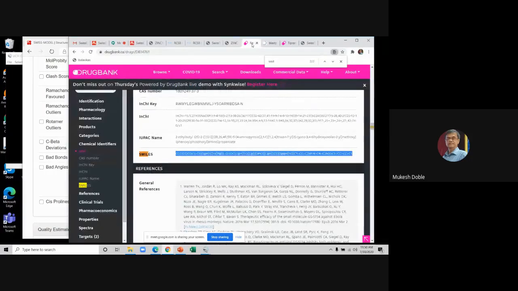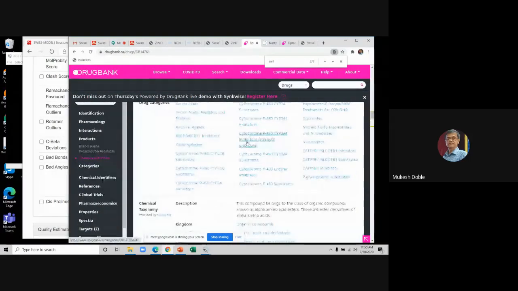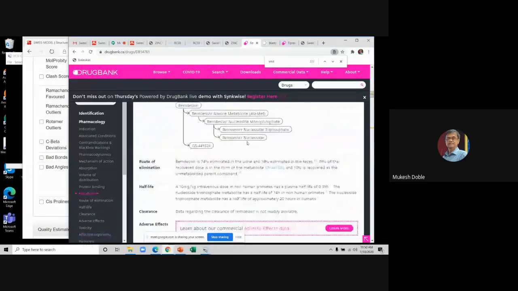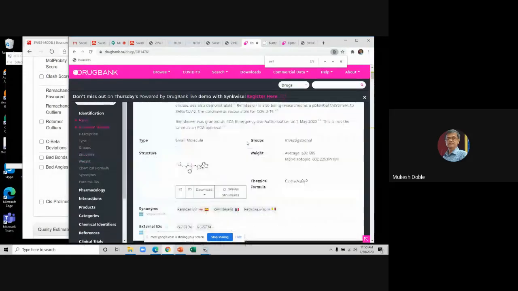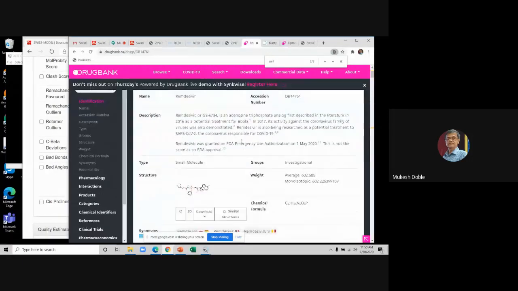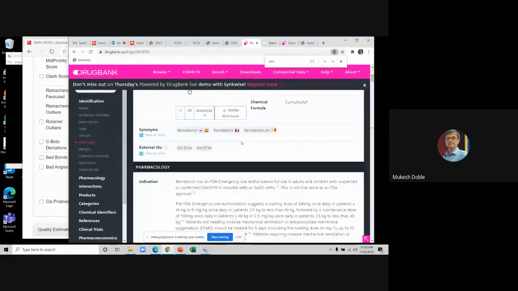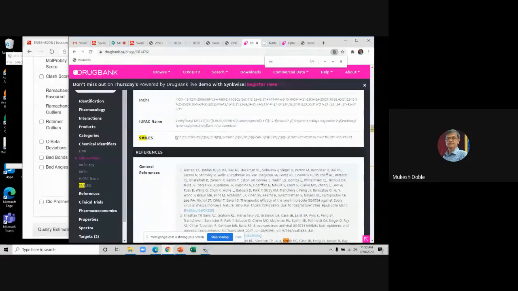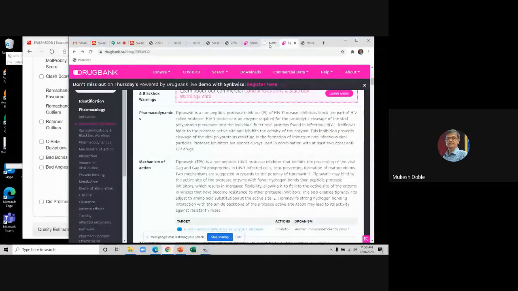So what I did was, I got it from DrugBank. You can see the SMILES notation for remdesivir is there. I could not get it from ZINC because maybe it is under some other name, so I got it from DrugBank.